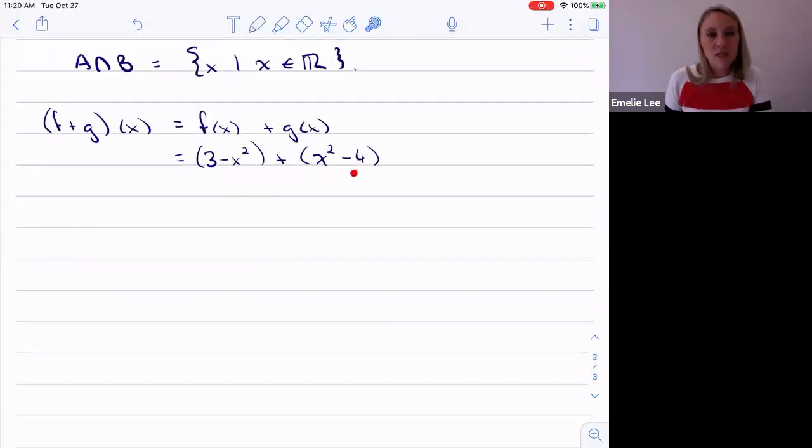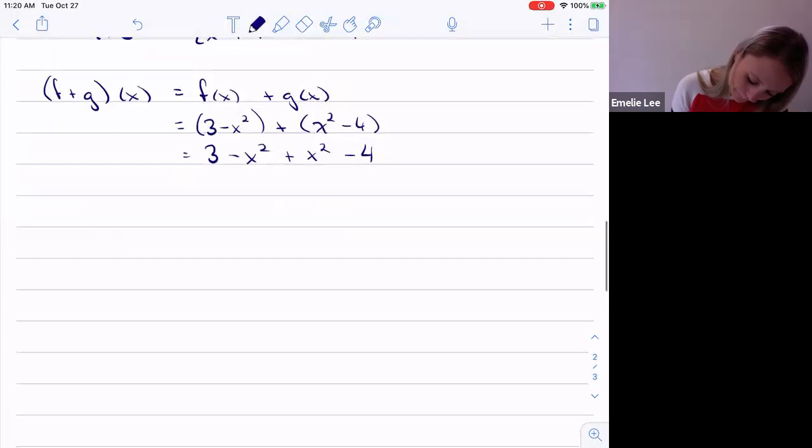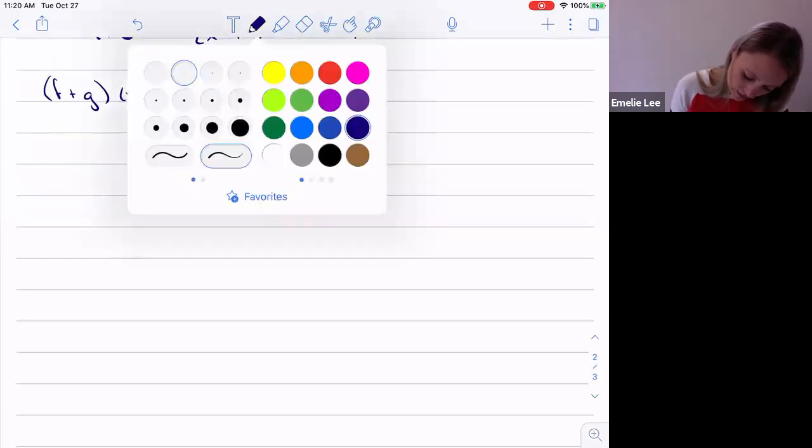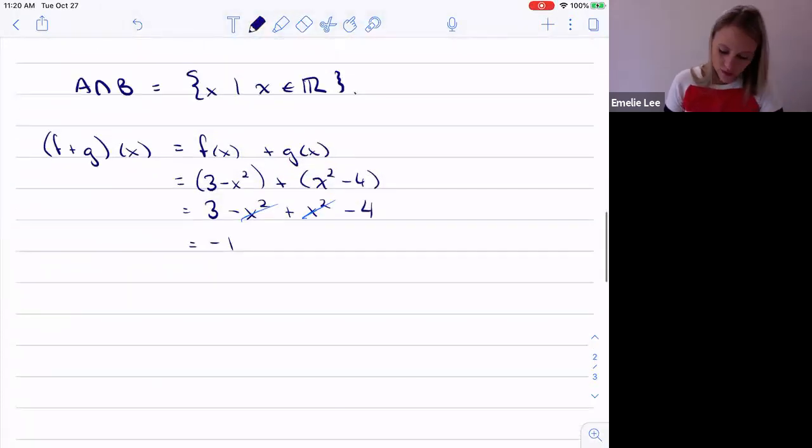So now I can simplify this by getting rid of these brackets, so I get 3 minus x squared plus x squared minus 4. Minus x squared plus x squared, those are going to go away. 3 minus 4 puts me at -1. So it's not a function of x at all, right? But that's okay. This is f plus g of x.